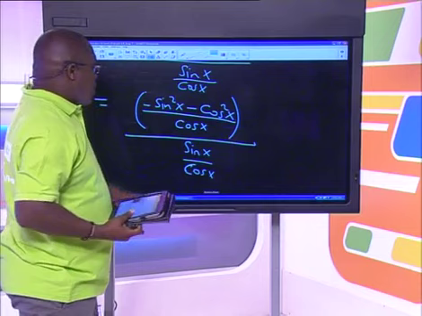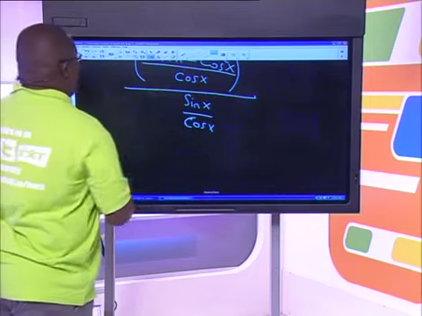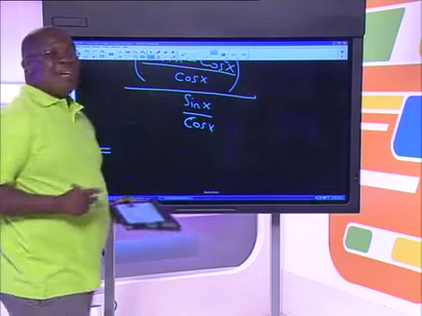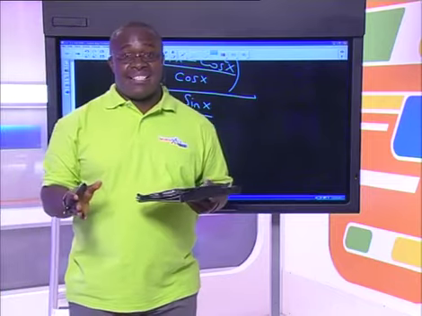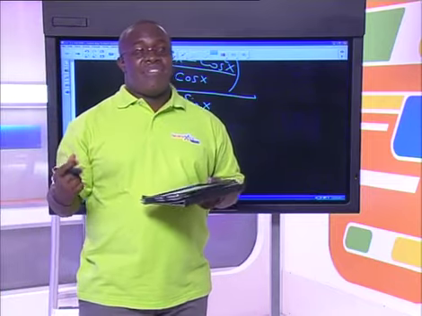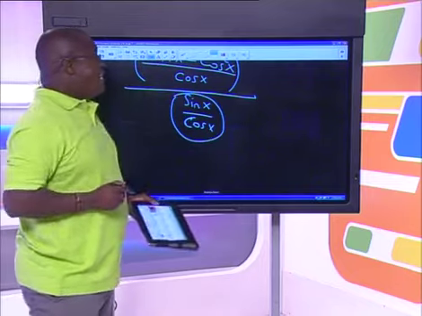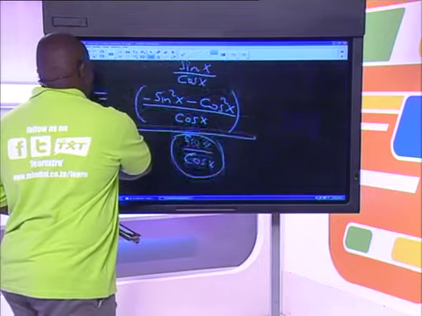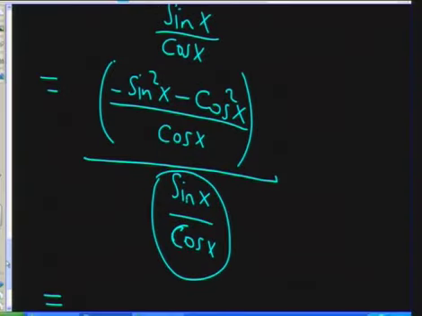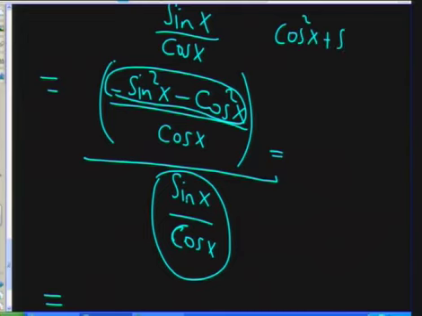Now, once we've done that, remember when you're dividing fractions, you invert the denominator and multiply. So this is our denominator, and the one in brackets is our numerator. What I'm going to do now is make use of our identity: cos squared x plus sine squared x is always equal to 1.